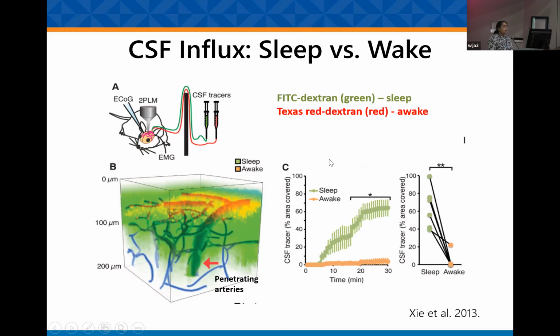While the mouse was awake, they then injected Texas red dextran, and that's the red that appears kind of orange at the superficial cortex layers over here. And you can see in the graph to the right that over time there was a greater influx of this tracer during sleep versus when the mouse was awake.